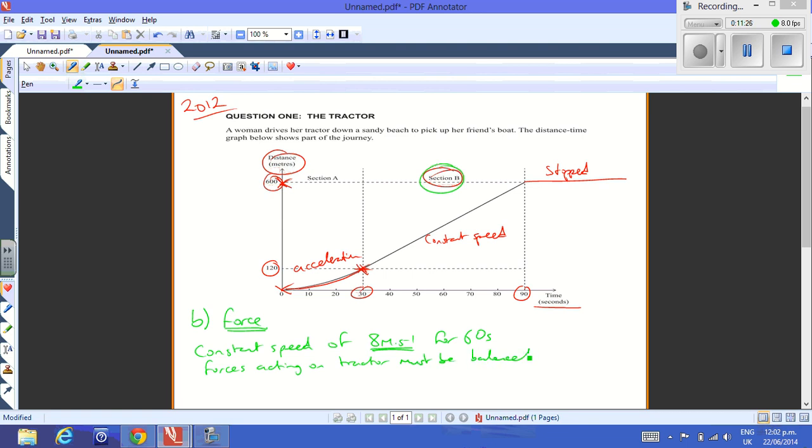This is based on Newton's first law of motion, which basically states that an object will keep doing what it's doing unless one of the forces is unbalanced.